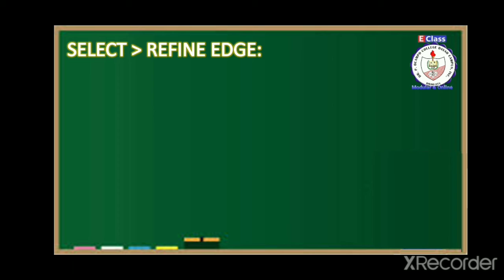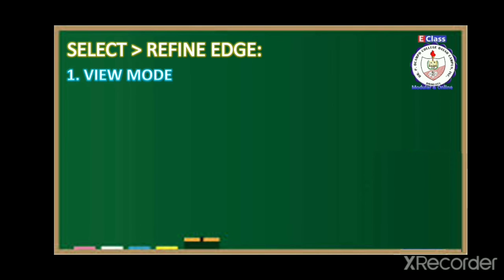Now in Select, Refine Edge, we have the View Mode. In the View Mode, from the pop-up menu, choose a mode to change how the selection is displayed.